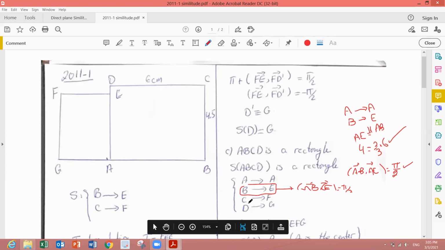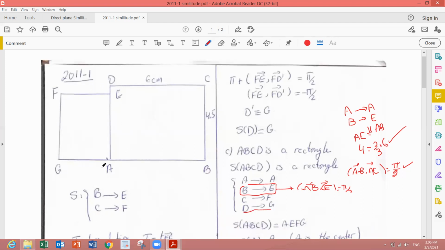If we take C onto F, or D onto G, any of these. If we take D onto G, omega belongs to the circle of diameter DG.